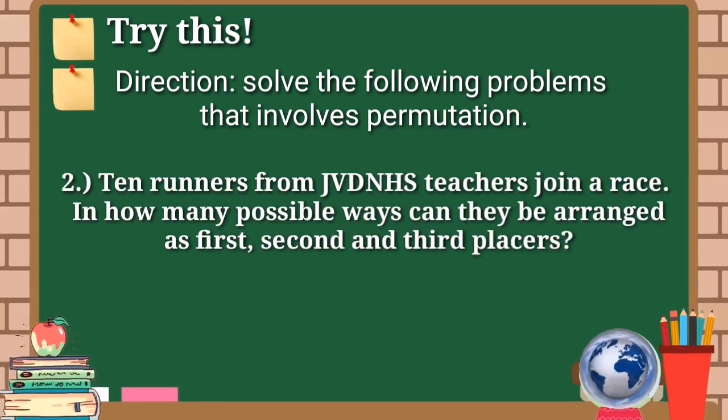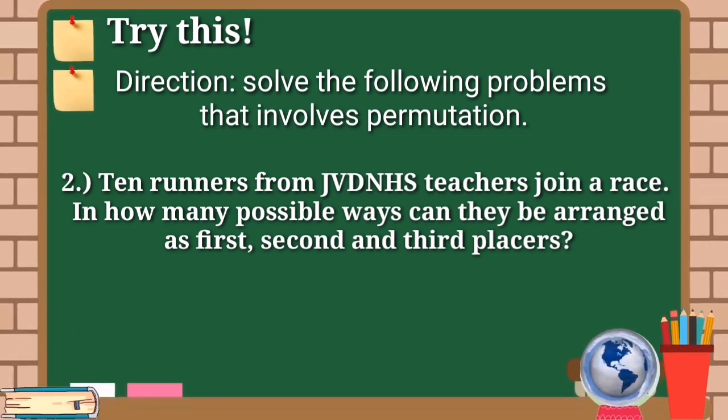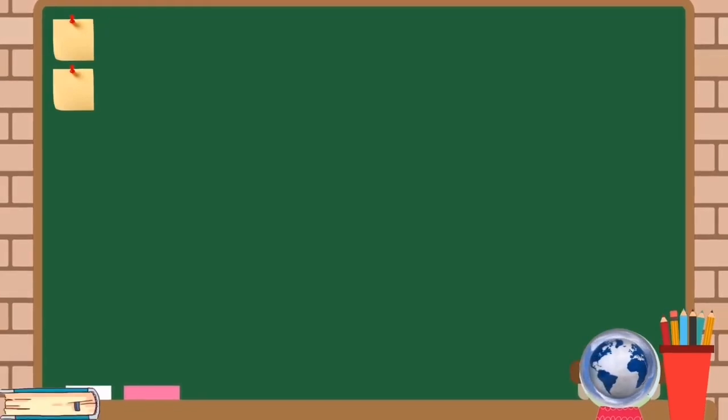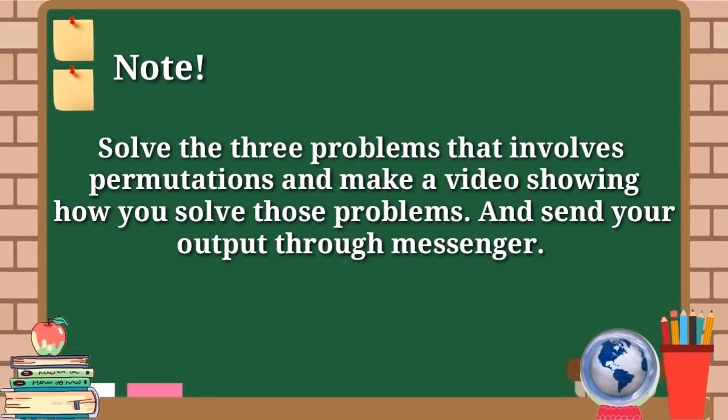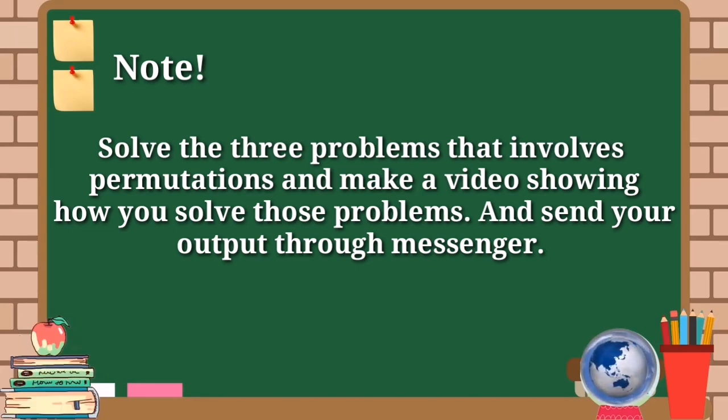Number 2. 10 runners from GVD NHS teachers join a race. In how many ways can they be arranged as first, second, and third placers? Number 3. In how many ways can 8 people be arranged for a group picture in a row? Note: solve the 3 problems that involve permutations and make a video showing how you solve those problems and send your output through Messenger.